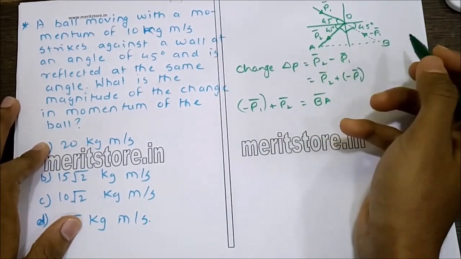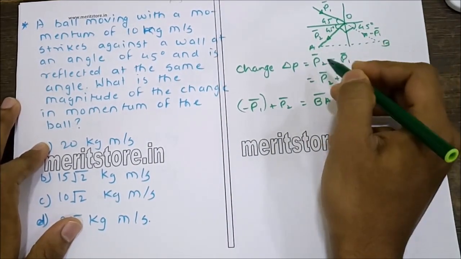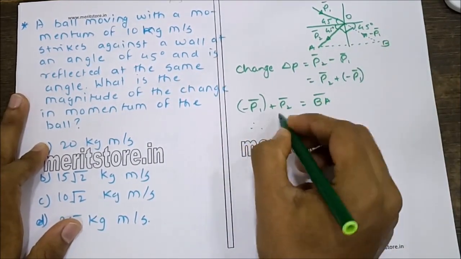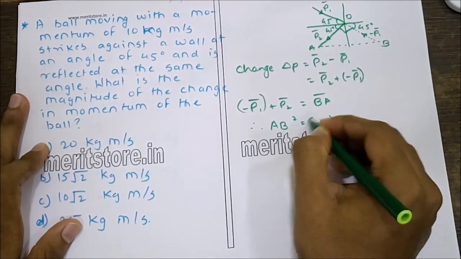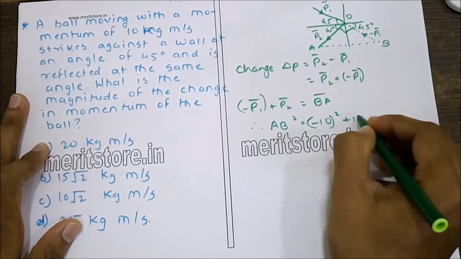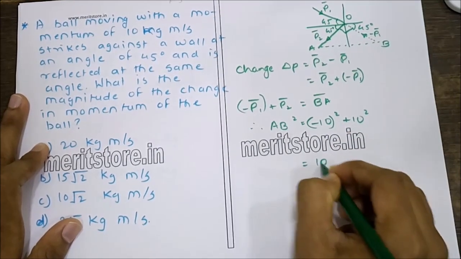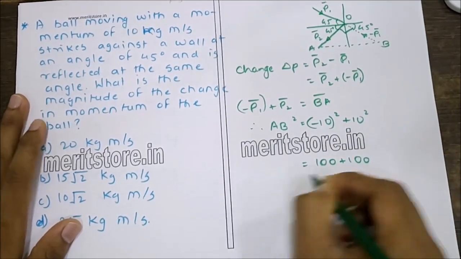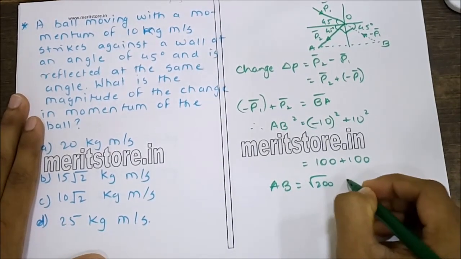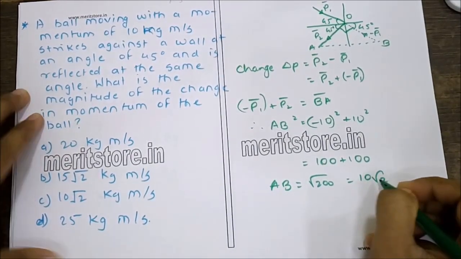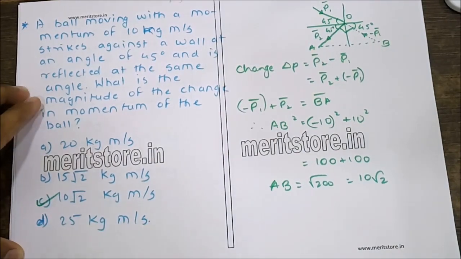Since triangle AOB is a right angle triangle, AB square is equal to minus 10 square plus 10 square, which is equal to 100 plus 100. So AB equals root of 200, that is nothing but 10 root 2. Hence option C is the correct answer.